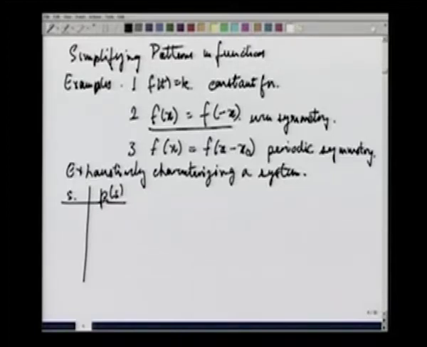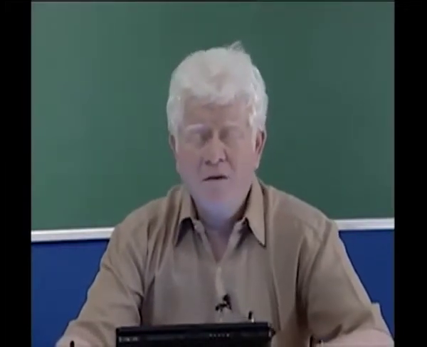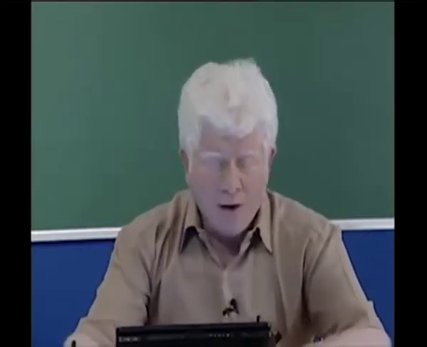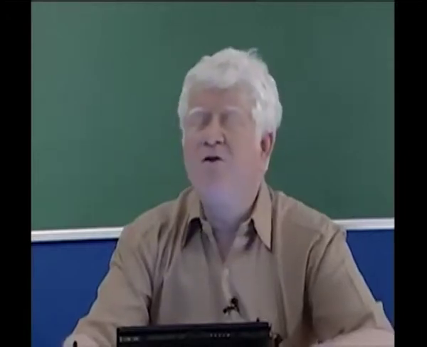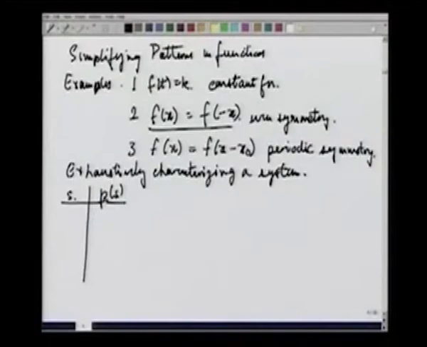Now, this being a sufficiently typical example, let us just see what kind of desirable patterns of behavior a processor can produce. One desirable pattern of behavior is to say that P of S is a constant irrespective of the value of S over different instants of time.